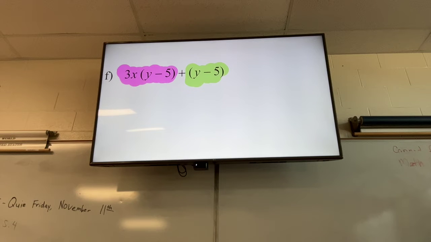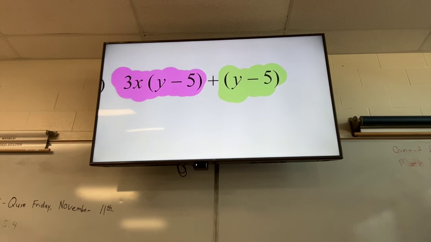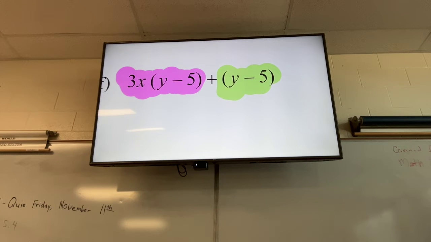Okay, so let me think about the best way to explain this. Coefficients. So this one has a 3, this one has a 1, right? So we can't pull any constants out. Any variables they have in common? This one has an x, this one doesn't have an x, so we can't pull any x's out. They both have what though?